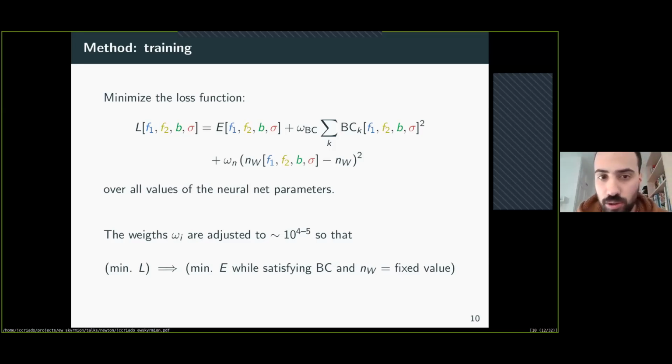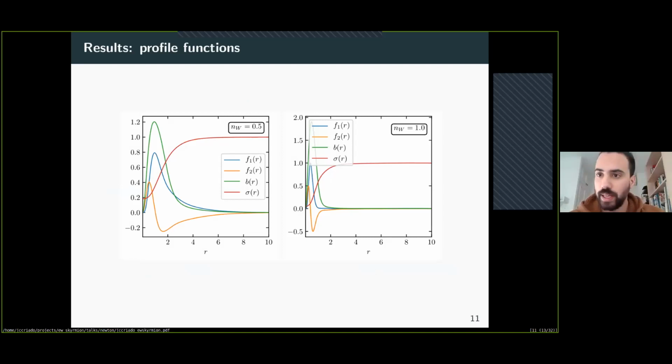So we have our loss function, we have our network, and we can just plug it into some automatic framework for training it. We used PyTorch, and we get our solution once the network is trained.